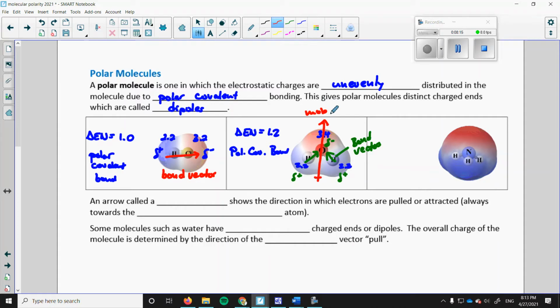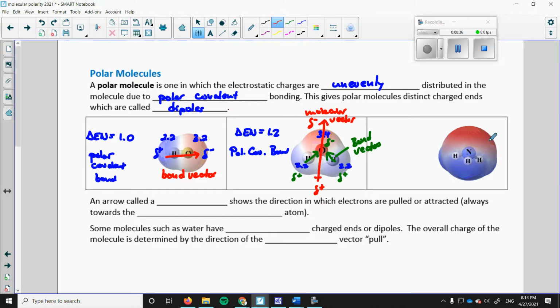It tells you that this end of the molecule is going to be negative, and this end is going to be positive, just like before. The only difference is that we've got two of these bond vectors, and they're both going towards the oxygen.